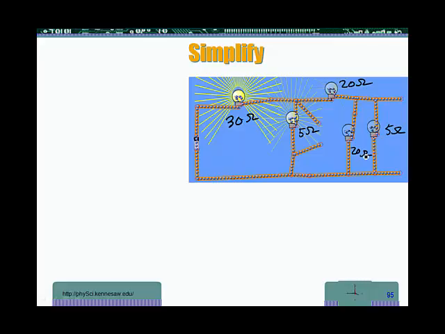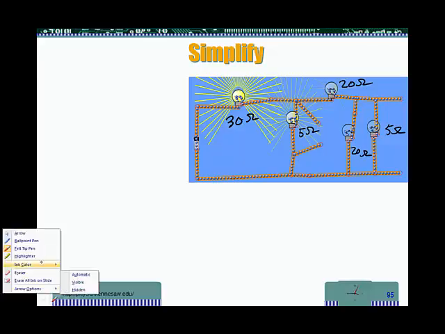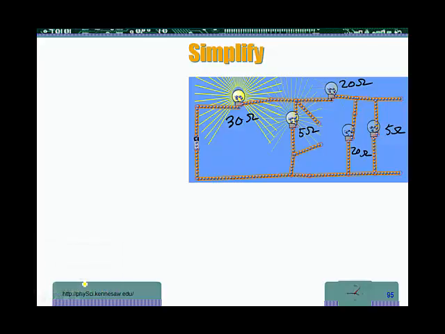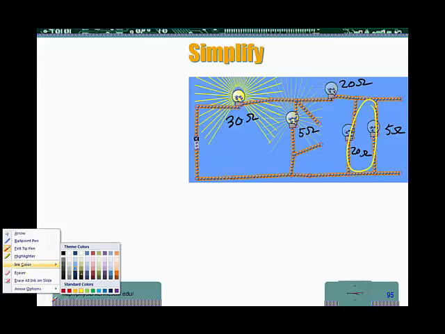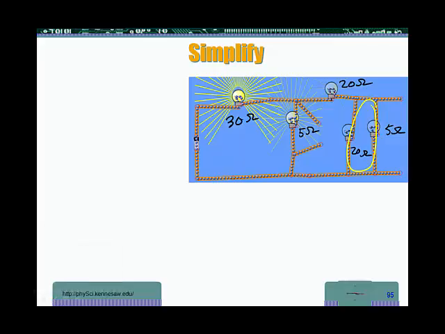Now, can we simplify this more? Of course. Now we have new configurations. If you look at these two, they are now in parallel. So to find the equivalent resistance, one over R parallel is going to be 1 over 20 plus 1 over 5 ohms.